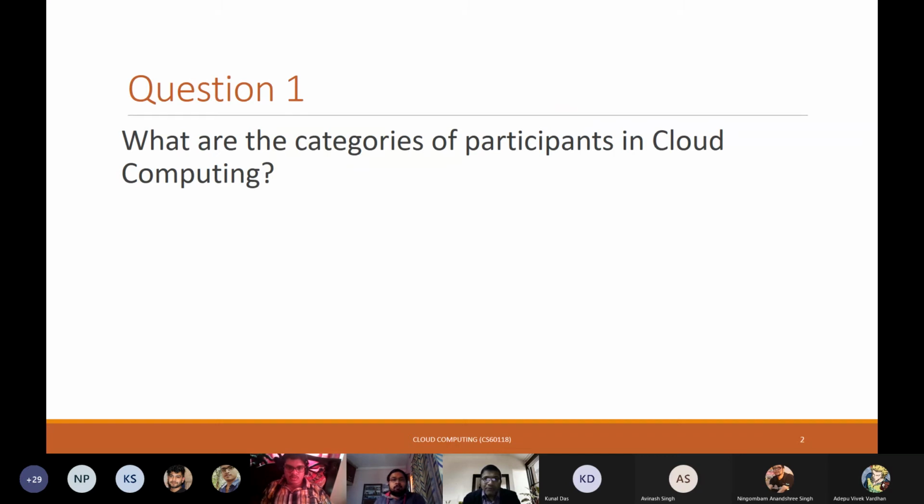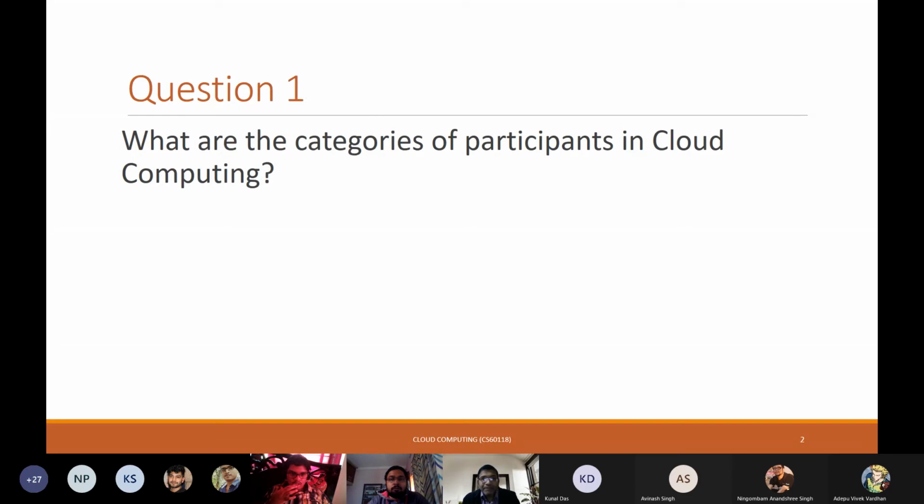So very simple, because so far we have done only the introduction. Some of these questions I will ask you today, but when we advance more, we'll go into more numerical problems or more challenging questions. Those will be asked. So the first question is, what are the categories of participants in cloud computing?